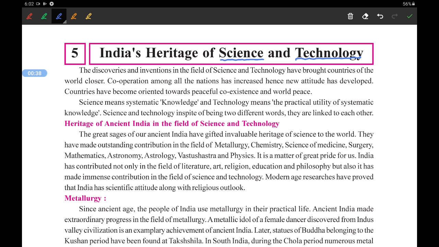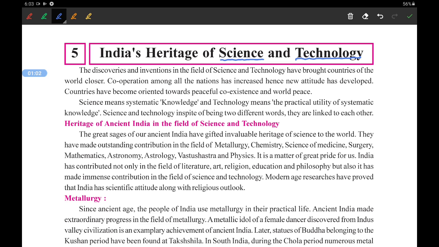We are going to study about the development that was made by the Indians in the field of science and technology, in the field of invention, and what were the new things that they brought into this world, that we are going to see in this particular chapter. So let us start.